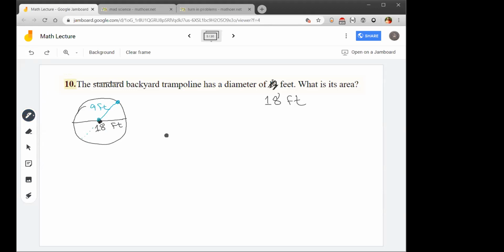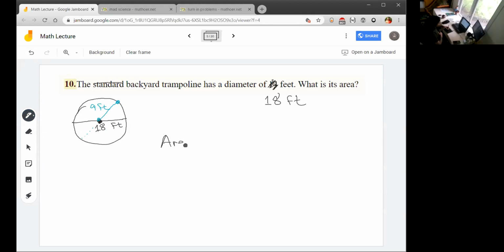Yep. So area of a circle is pi times radius times radius. If you liked radius squared, you could. So in this case, I want the 9.